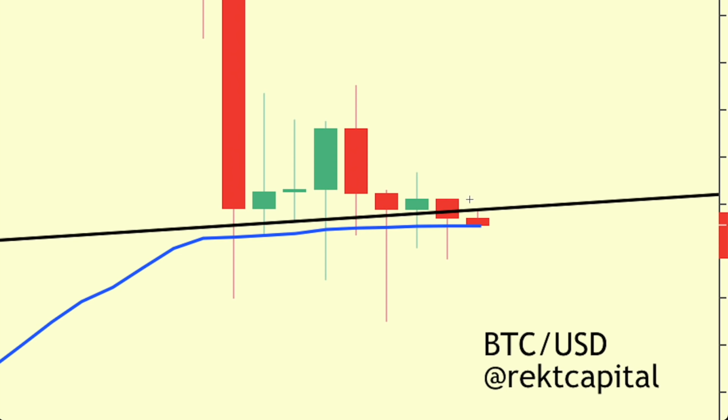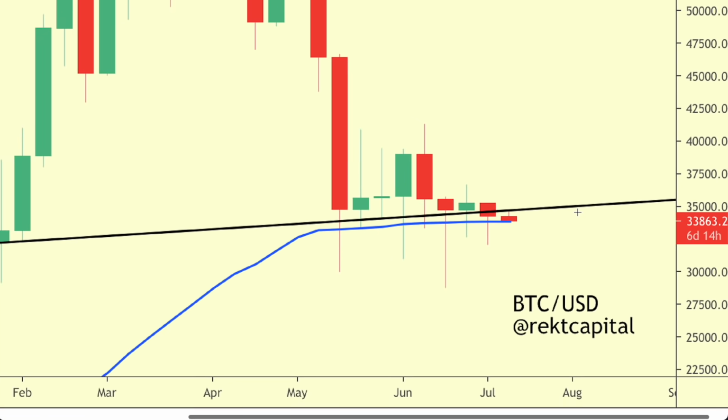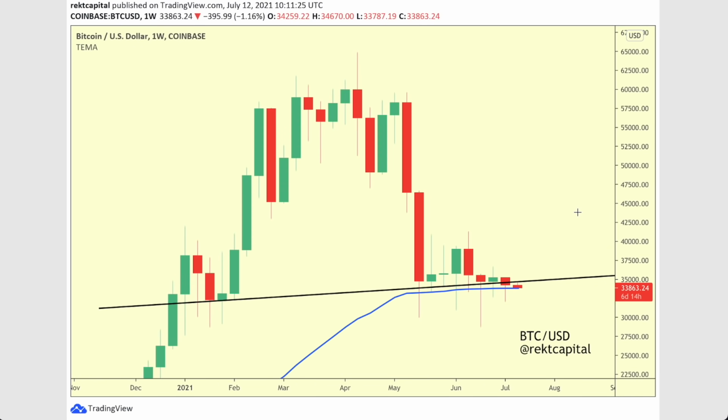But on the other hand, if we're able to reclaim this weekly higher low as a support and weekly close above it, then that will be a positive semblance of price action and price development for Bitcoin, because we'll be able to reclaim this level as a support, and that's going to be effectively reclaiming a multi-month 2021 trendline that has been important for just holding up that bullside momentum despite those downside wicks, because we've been seeing loads of downside wicks below the weekly higher low, below the 50-week EMA, but we've always been able to scoop up.